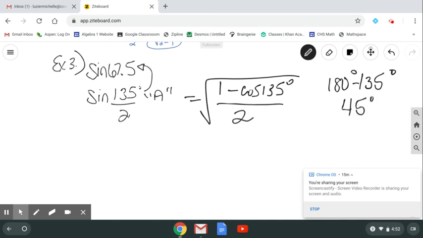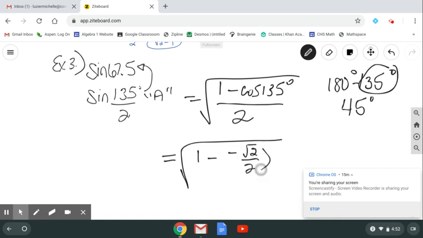But we're talking about the cosine of 135 here. So the cosine of 135 is negative radical 2 over 2. All-star trig class, when you're in quadrant 2 here for 135, cosine is negative in quadrant 2. The cosine of 135 is negative. So negative radical 2 over 2 divided by 2.